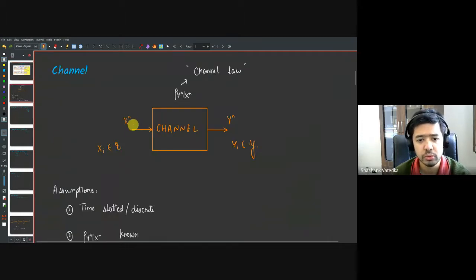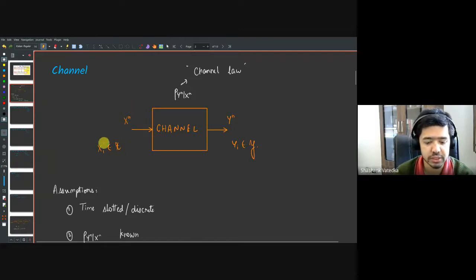Okay, so for us, the input to our system is going to be a sequence of symbols, right? So for example, if this were a speech signal, maybe this is a sampled speech signal. So you have n samples of the signal, and that is what you want to communicate to the receiver, right?